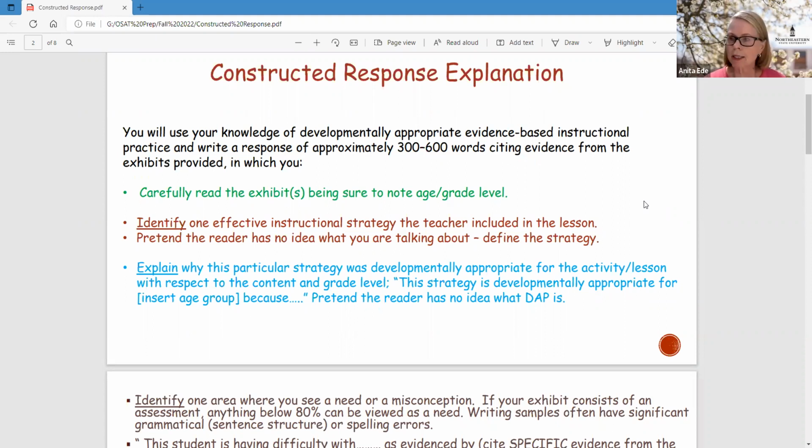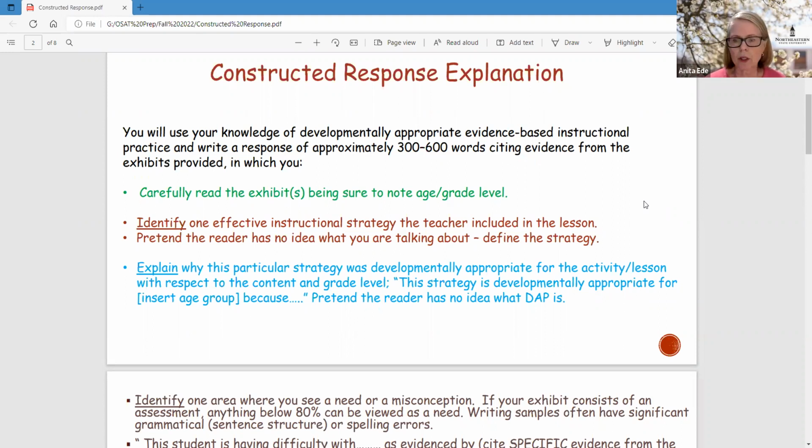So you're going to identify a strategy that that particular teacher used. Make sure you really explain. Pretend that the person reading what you write has no idea of teaching strategies, nothing. So you're going to define that strategy, what it's used for.